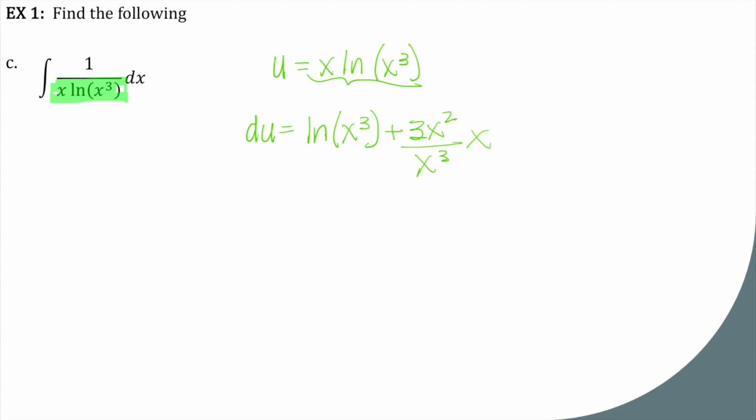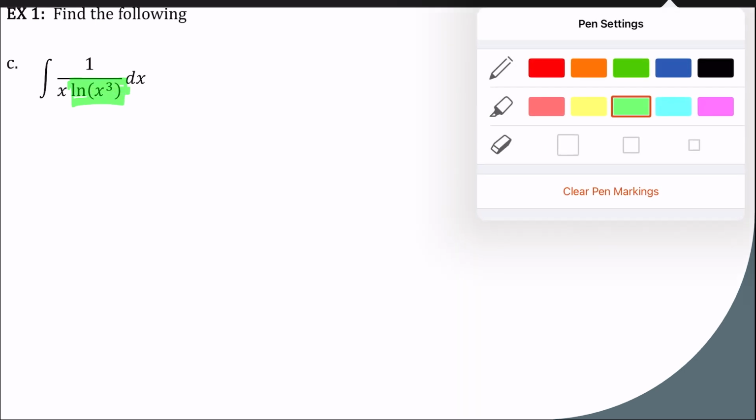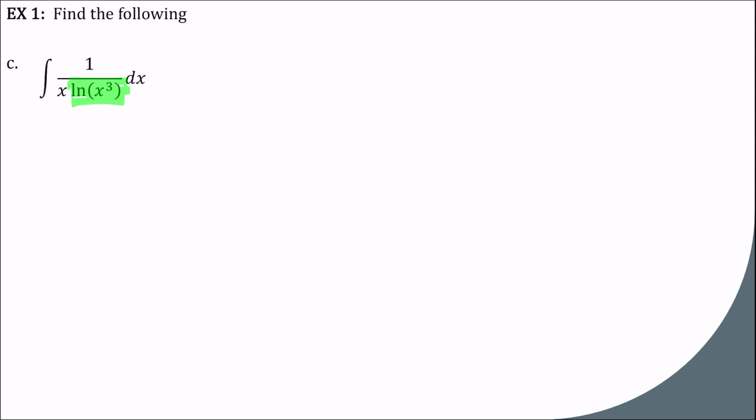Okay, that is very complicated, so that's not going to work either. So let's try something maybe in the middle. Let's try u being ln x cubed and see where that takes us. And you can start taking notes again if you'd like.